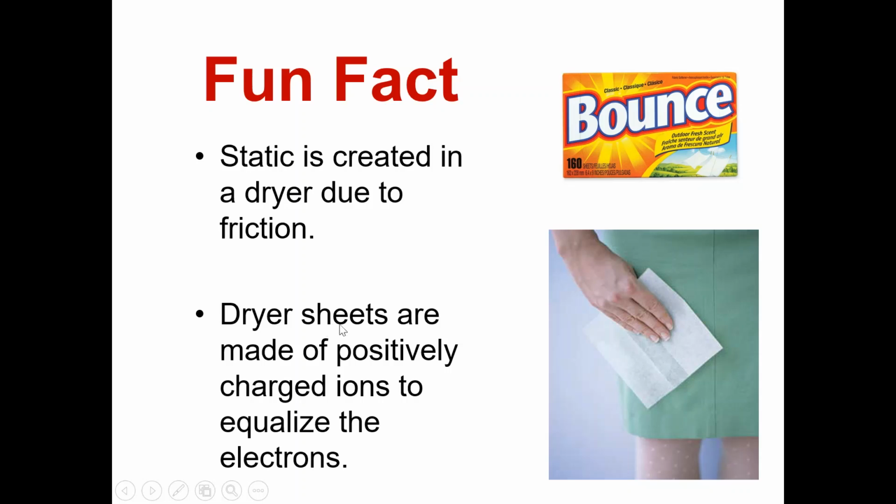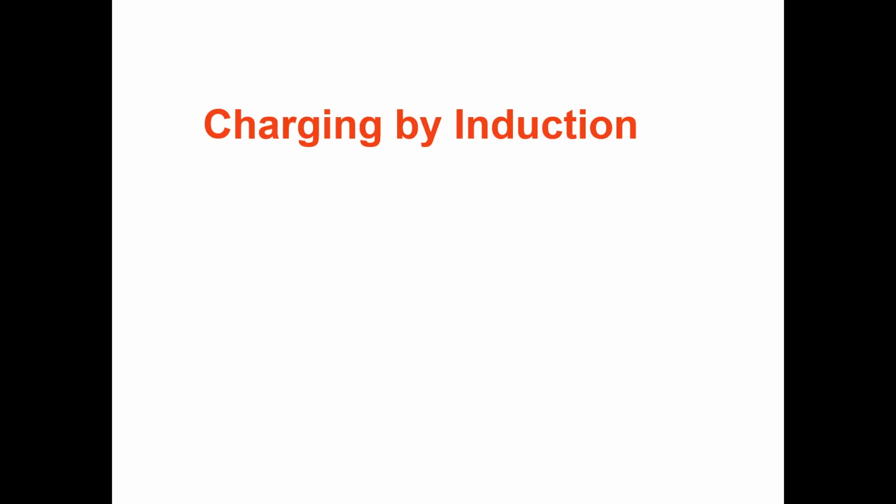What happens is the dryer sheets are made of positively charged ions, and when you rub them against those negative ions, it evens them out. It makes them neutral. So when you pull the sheets out of the dryer, it's not going to shock you, especially in the wintertime. Dry air makes it worse.